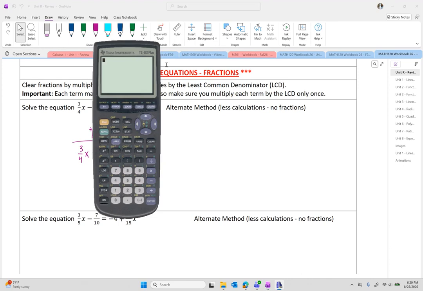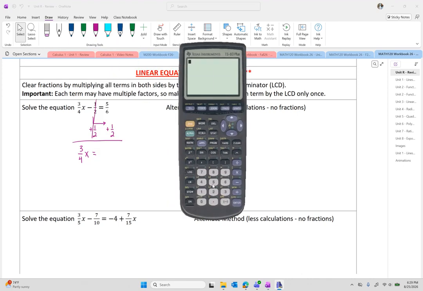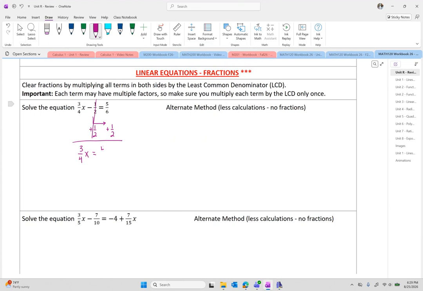So I'm going to go in my calculator to do that. In my calculator, 5/6 plus 1/2 equals something. My calculator doesn't have fractions, but if you use the fraction function in your calculator, you will get the answer to be 4/3.